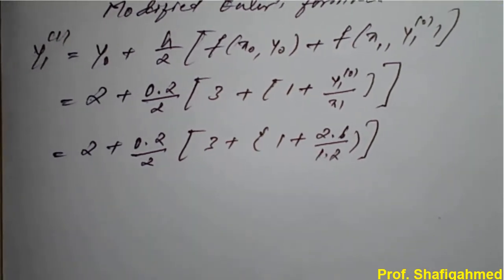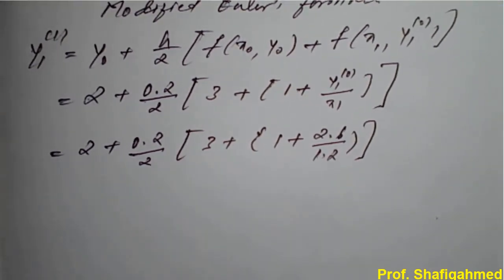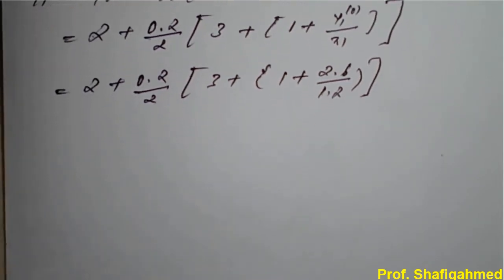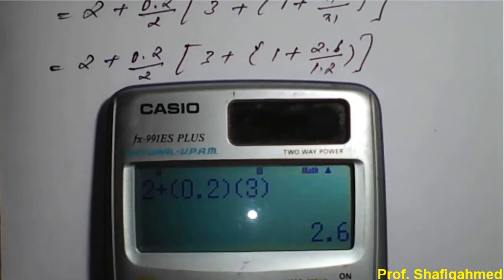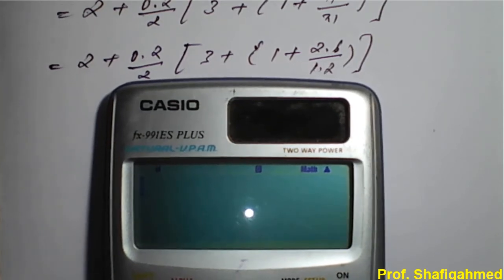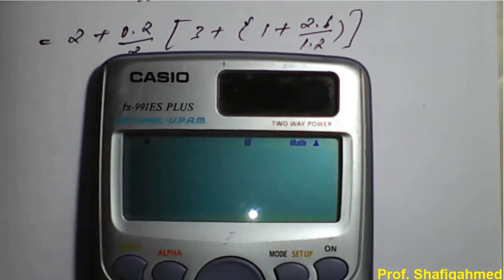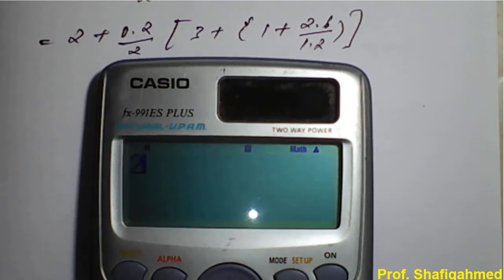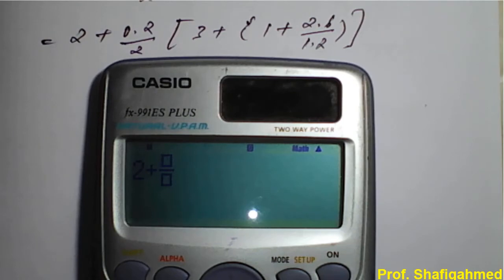So therefore on simplification use the calculator for this also. So how to calculate, just observe here. 2 plus fraction 0.2 divided by 2, then bracket 3 plus bracket.